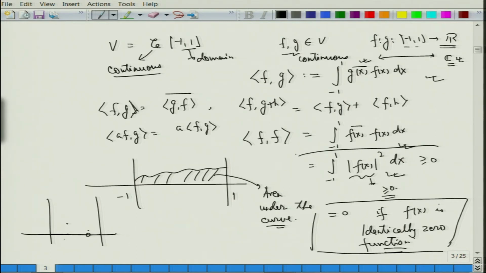These are the points of discontinuity. Then still the integration will be 0, because of Riemann integration, math 101. But I cannot conclude this part. So for this to be concluded, I need that f and g have to be continuous. Therefore we wanted the continuous part.